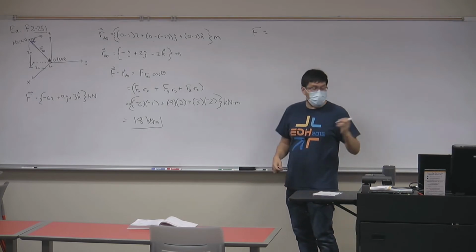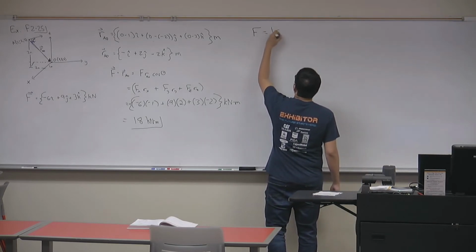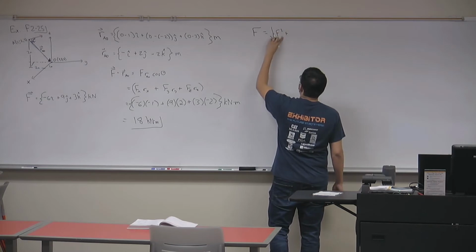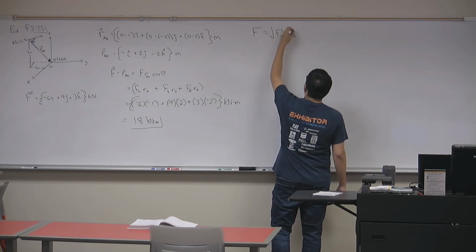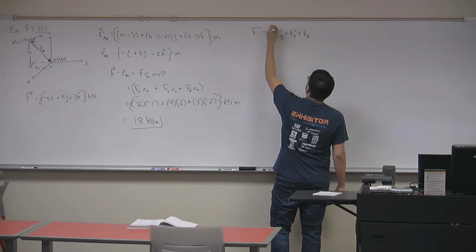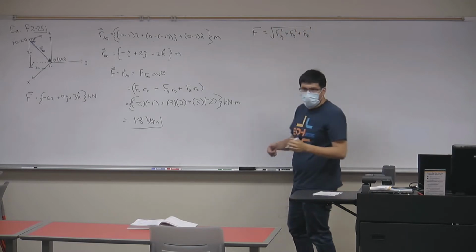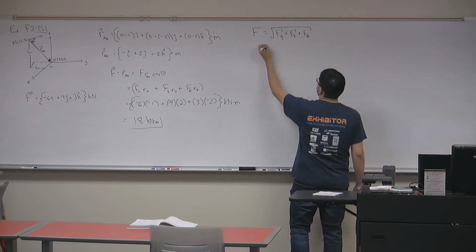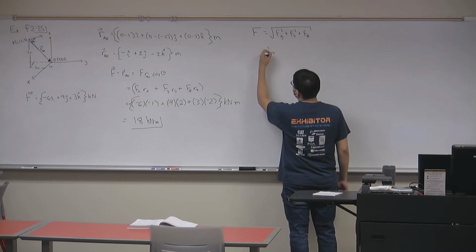Square root of each one squared. So I'm going to go ahead and write this on the board, but if you already have it, just try to calculate it and give me that value of that magnitude.